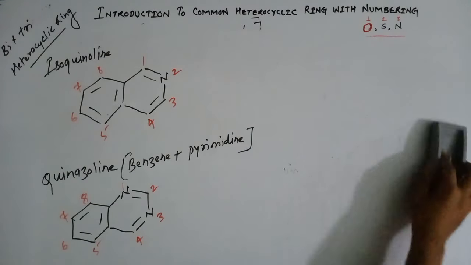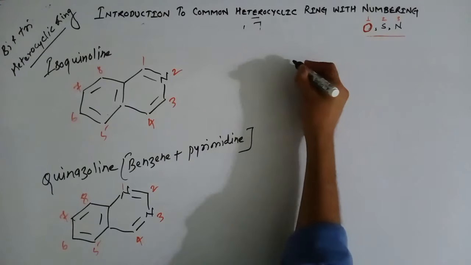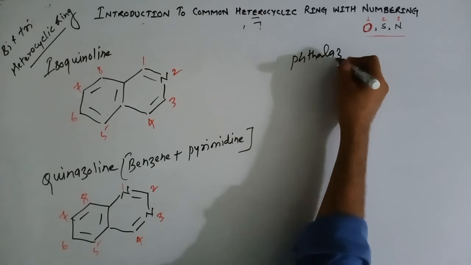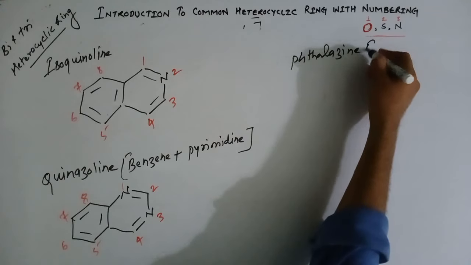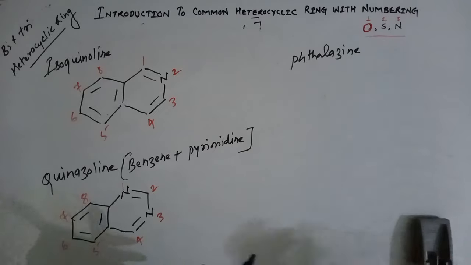Now, the next structure is phthalazine. Phthalazine has a structure like this.